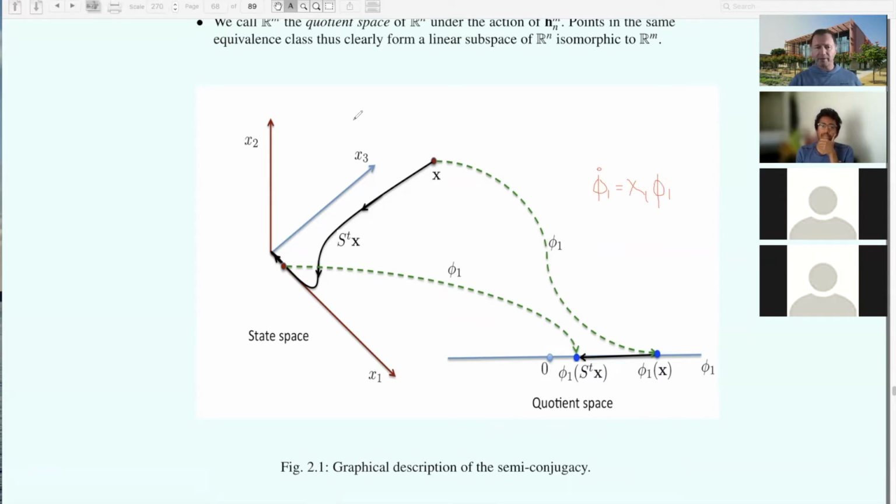So I can map a whole plane of initial conditions x into a single point by the value of phi_1, because phi_1 itself geometrically defines a plane, right?